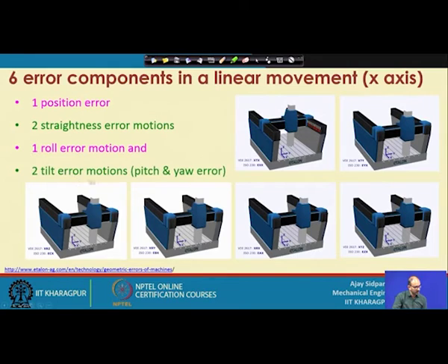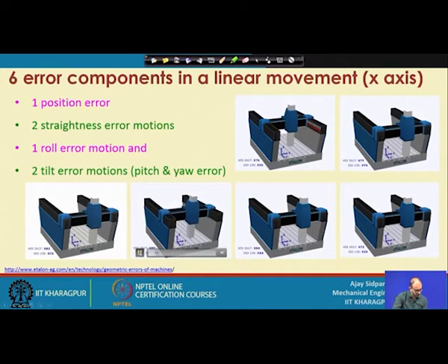And again, the tilt error motions, pitch and yaw. So, this is x. Now, you can see the rotation around x, this is the rotation around y, and this is the rotation around the z axis. So, now let us see this one. Now, see, it is swinging in the y axis direction, correct.